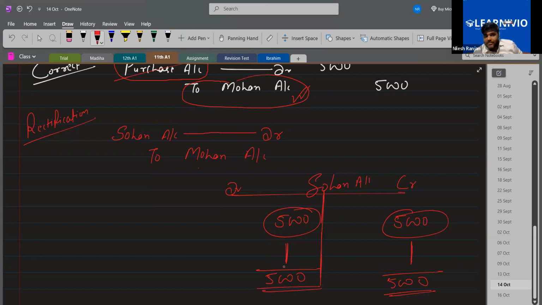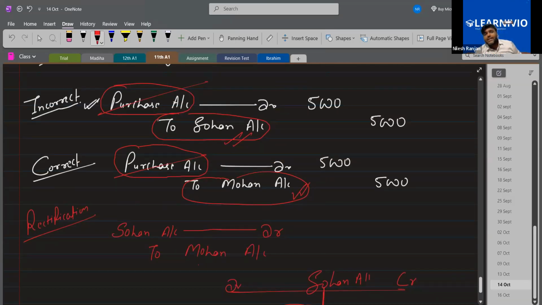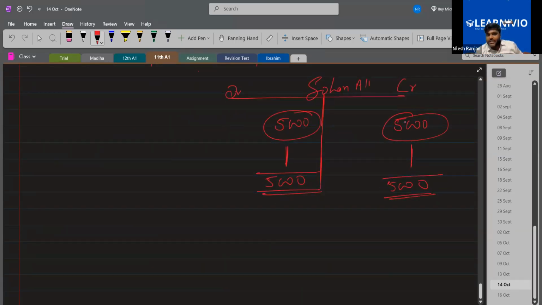But it is a mistake in this first journal entry, purchase from Sohan. By mistake, we have written in our books that we have to pay 5,000 to Sohan. If it is on the credit side and there is nothing on the debit side, then there will be a balance of 5,000 which we have to pay, which is incorrect. So we will not write this balance.